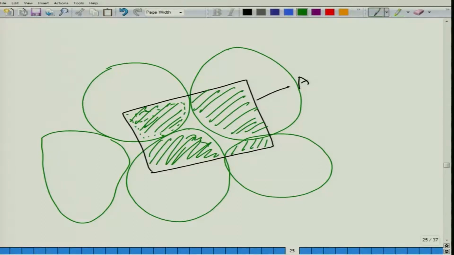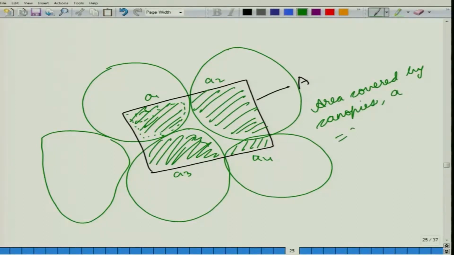Let us call them small a1, a2, a3 and a4. So, the area covered by canopies, that is small a, is equal to a1 plus a2 plus a3 plus a4.